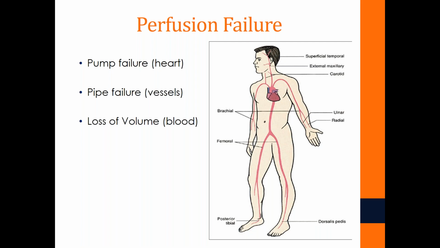We have pipe failure because our patient hasn't lost any blood. Their heart is still pumping the way the heart is supposed to pump, but we have taken a tank that was supposed to be somewhere between 4 and 6 liters in size and now made it 8, 10, 12 liters in size. We didn't lose any blood, so we still have those 6 liters, but we don't have the ability to fill the tank anymore.